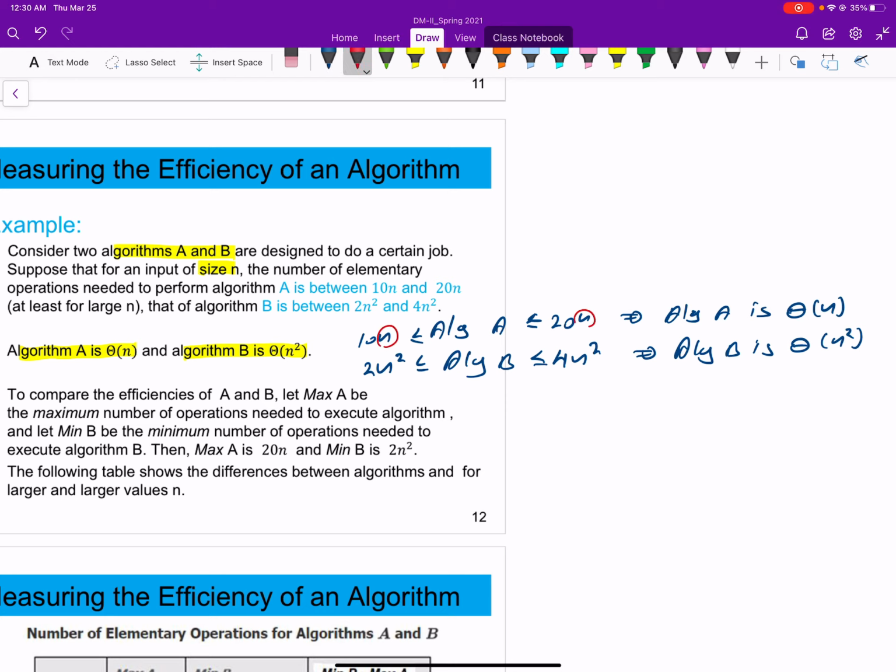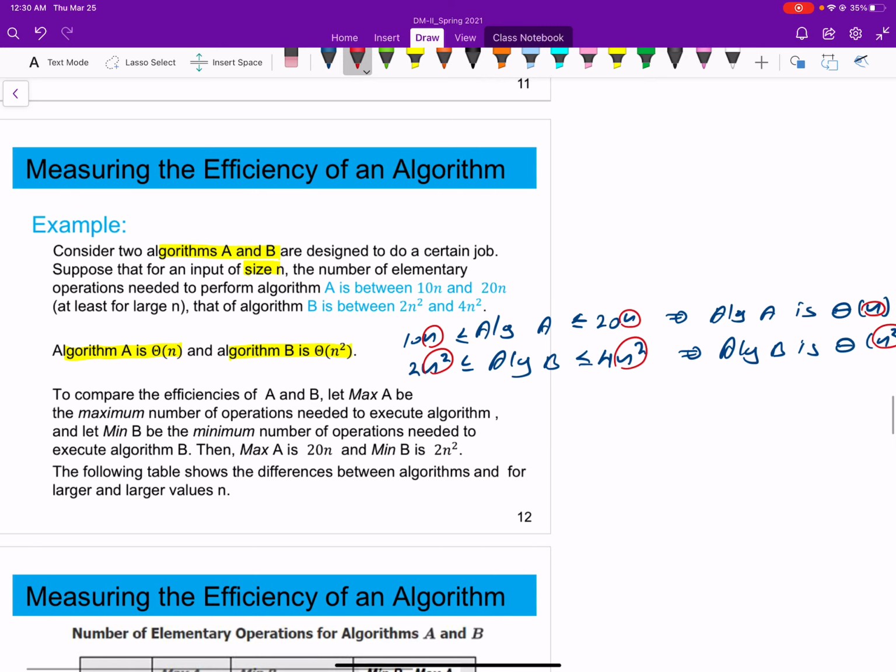Here n, there n, and there n. Here n square, there n square, there n square. All right, good.